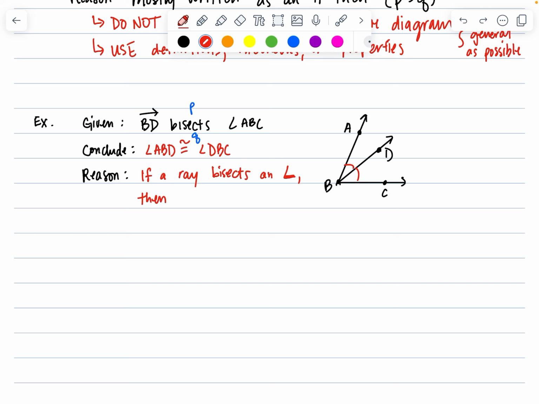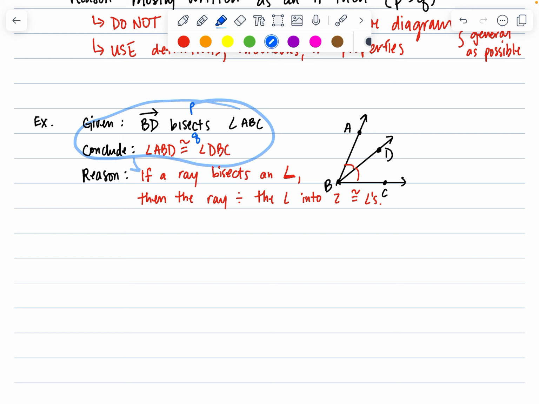This ray divides the angle into two congruent angles. So then the ray divides the angle into two congruent angles. And there's your reason. We are literally transposing this entire given and conclusion into a reason. Okay? If a ray bisects an angle, then it divides the angle into two congruent angles.